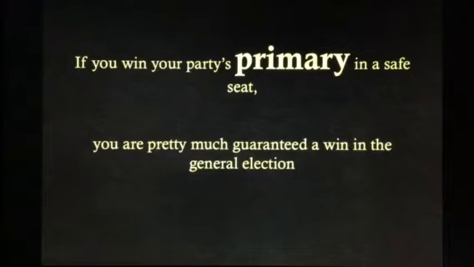Now, we will talk about the election process in a later lesson and what are primary elections versus the general election, but for right now, a primary is how a party chooses its candidates to run against the candidate of the other party. In a safe seat, if you win your party's primary, you're going to win in the general election. It's guaranteed.